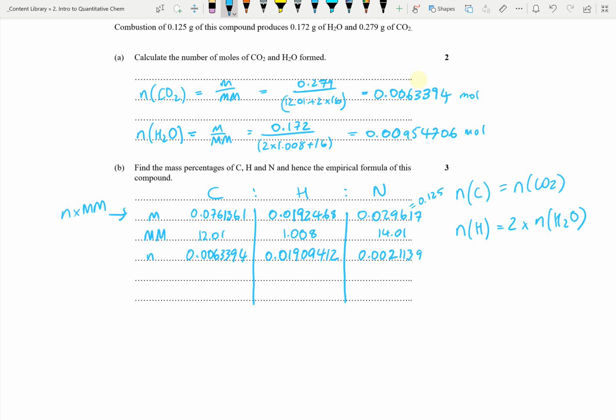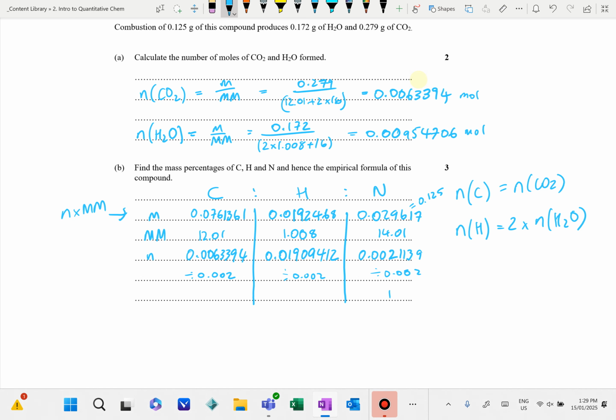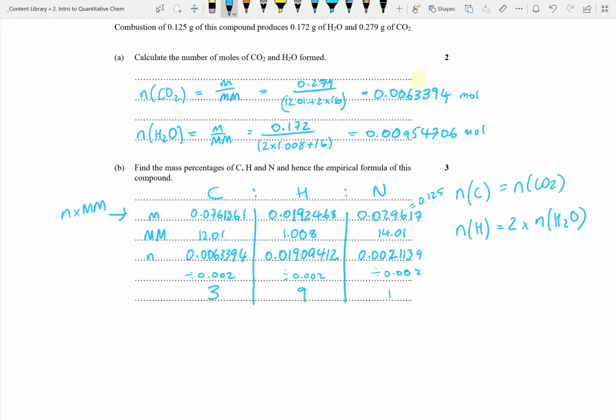And now I divide all these numbers by the lowest moles. I have to do it on my calculator. No, it'd be 9. That would be 3. And that's my answer.